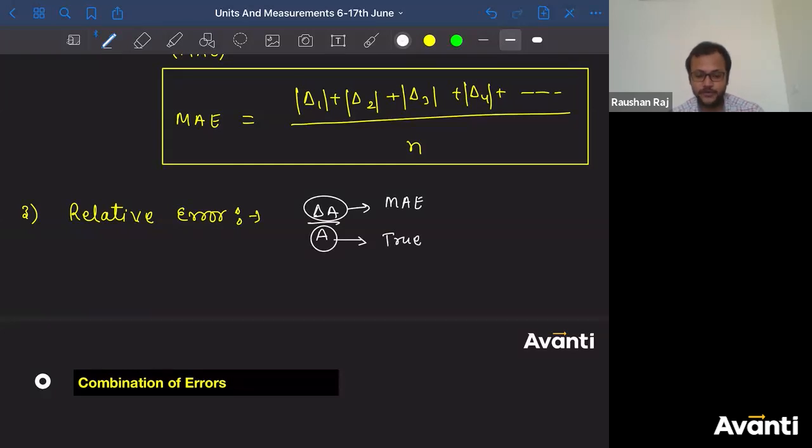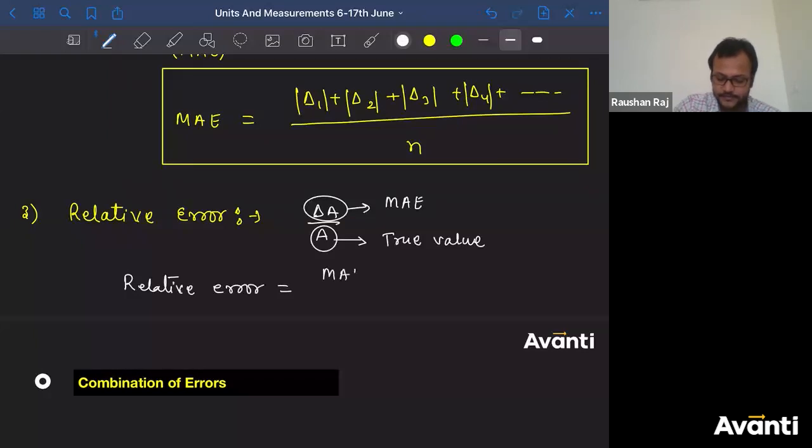Okay, so mean absolute error divided by true value. So relative error is defined as mean absolute error divided by true value.